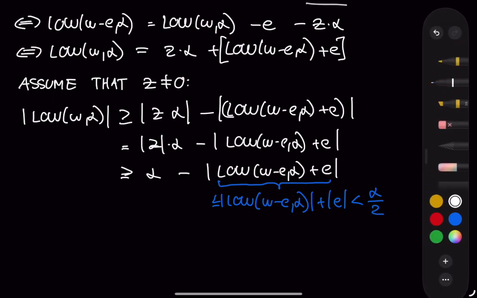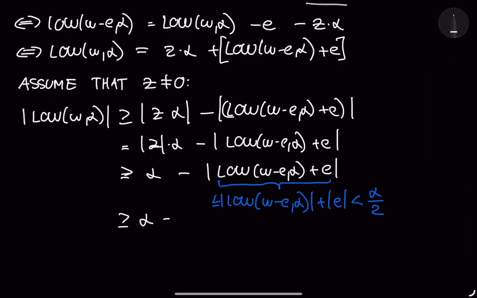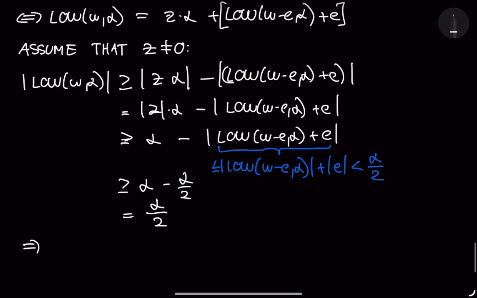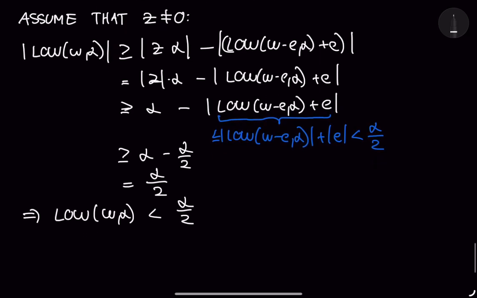It's alpha half, and this is, of course, alpha half as well. So putting it together in one line, we get that low W alpha is less than alpha half. Yeah, that's wrong. So from this one we get that it is greater than alpha half.